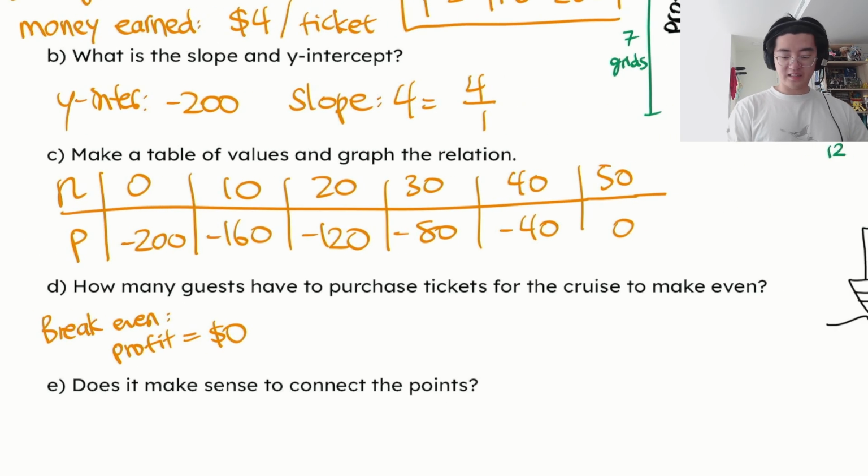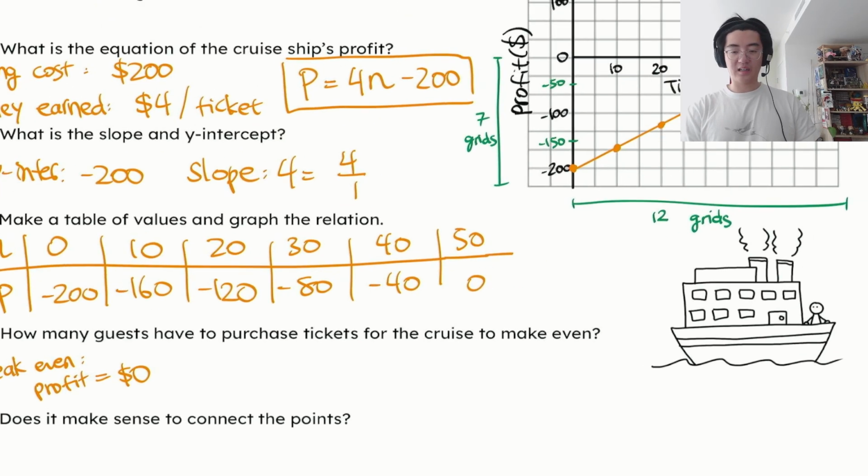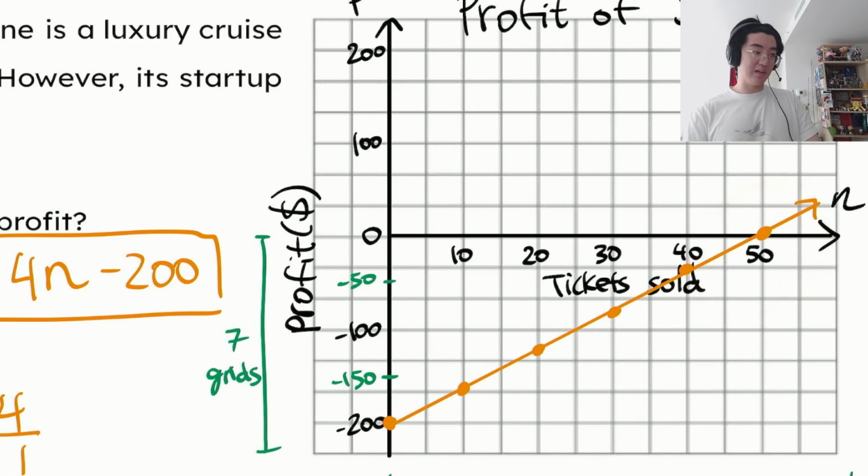We can look at here. If p is 0, then n is 50. We can also see on the graph here, the moment we reach this point in our graph, the profit finally started becoming positive. We started at negative 200, and after 50 tickets it's finally positive on that side.